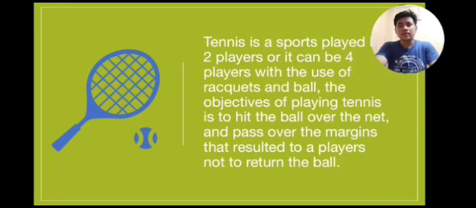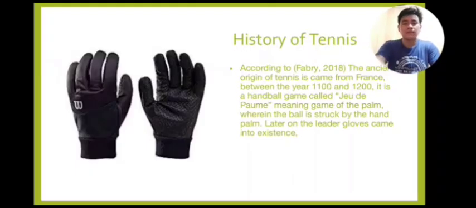Tennis is played with rackets and a ball. The objective is to hit the ball over the net so that your opponent cannot hit it back, or bounce it over the margins, resulting in a player not being able to return the ball.